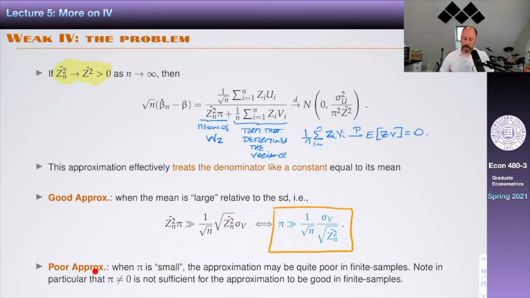So it's going to be a poor approximation when pi is small. This inequality holds in the other way. Okay. And notice that in particular, pi different than 0 is not sufficient for the approximation to be good. So if you just write, let's write here a line, pi.